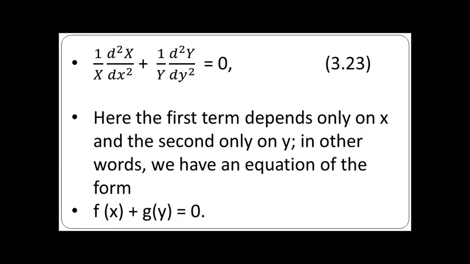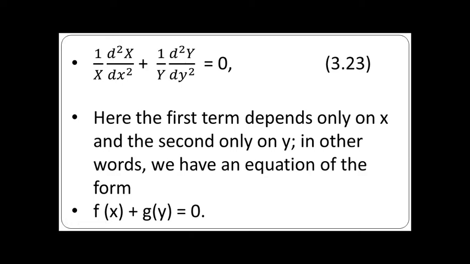That means we have separated two terms which each depend upon a single variable only. This can be written in this form: the first term is f, a function of x only, and the second term is g, a function of y only. So f of x plus g of y is equal to 0.